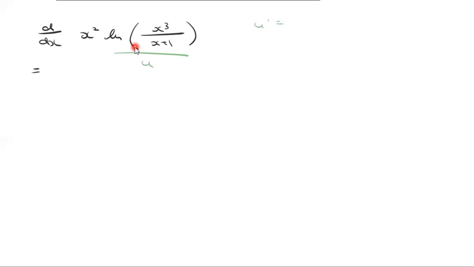So you're saying u dash is 3x squared over x to the power 3, minus, like that? Okay, yeah. I see why you're doing it. So you're using the log rules for this one, it seems. Okay. And then it's 1 over x plus 1.